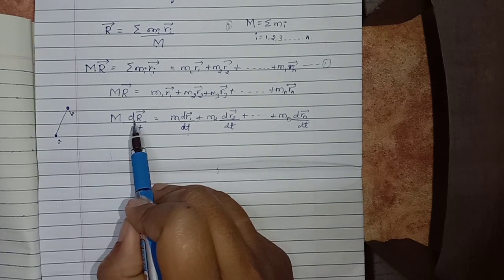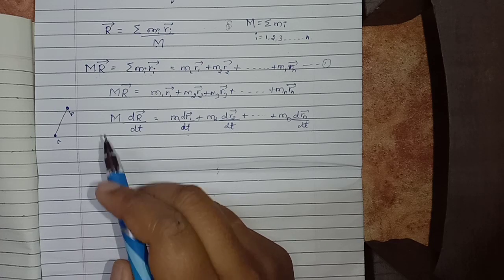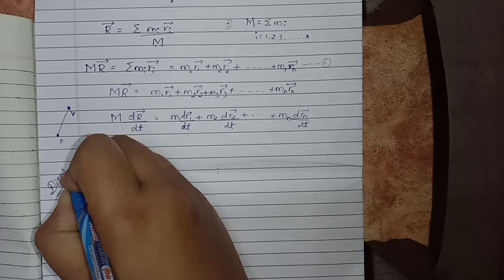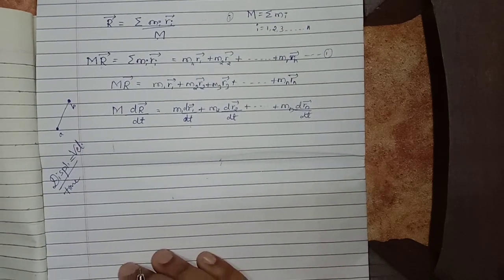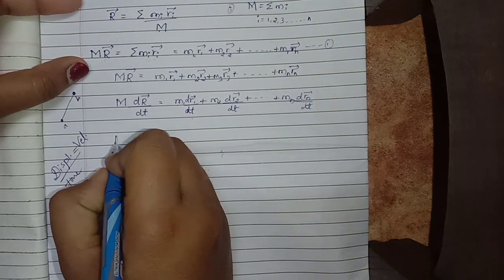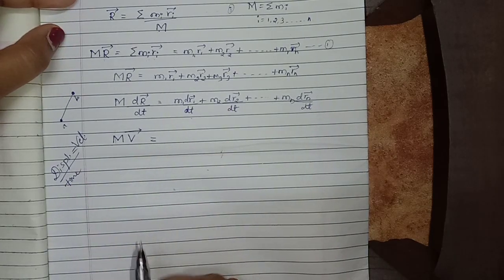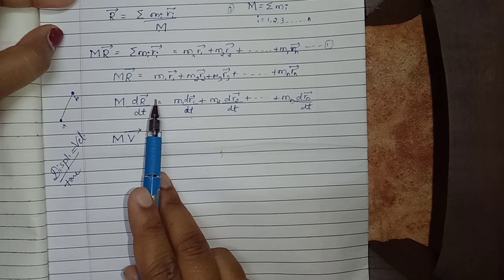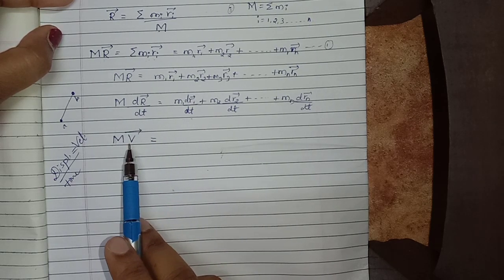So the rate of change of displacement with respect to time, displacement divided by time, is nothing but velocity. So can I just write this as m into capital V? Yes, the rate of change of displacement is velocity.